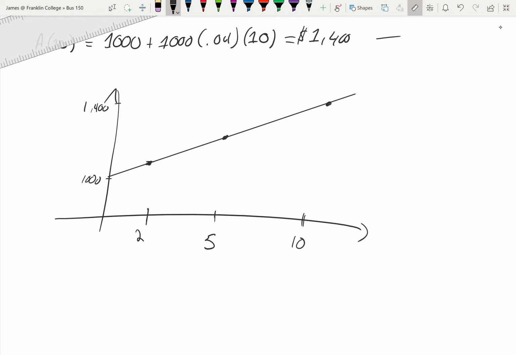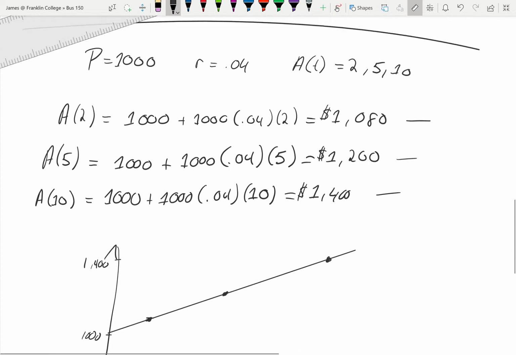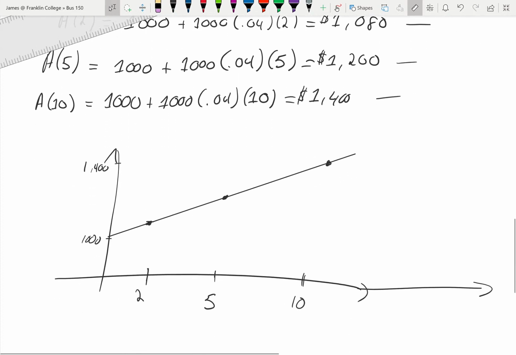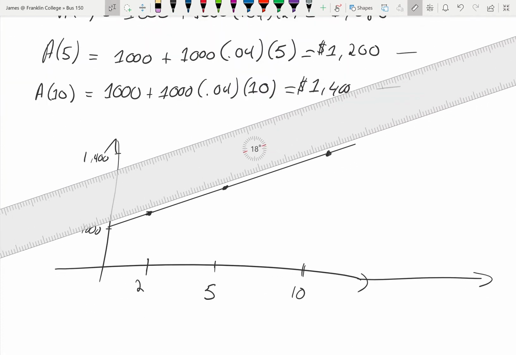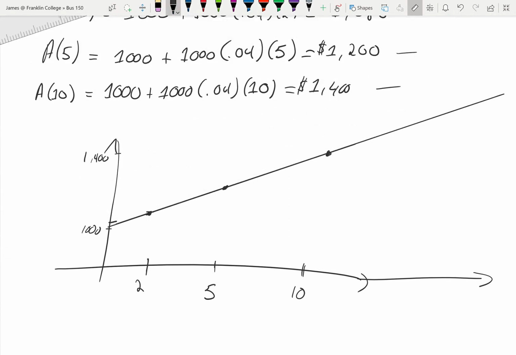At time 10, we're going to have $1,400. And then we can extend this time out for as long as we want, and we can figure out how much money is going to be in the account at the end of that time period by simply extrapolating from this linear line. So this means that our account is not going to grow exponentially. No, it's going to grow linearly.